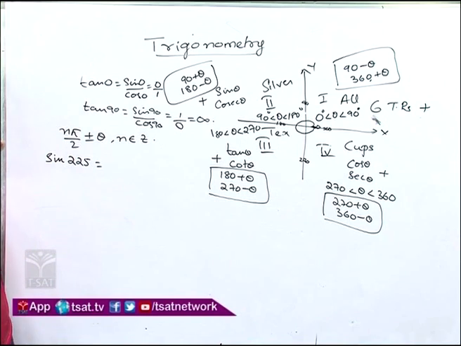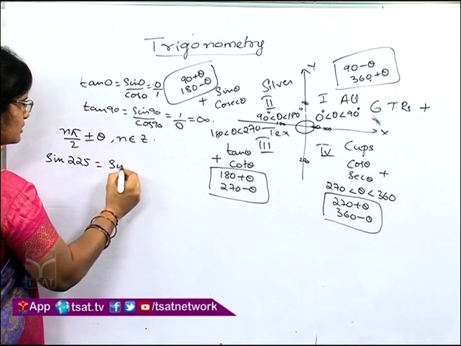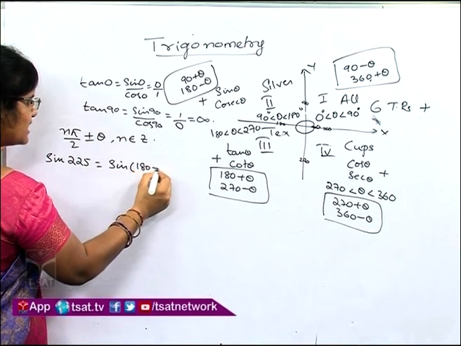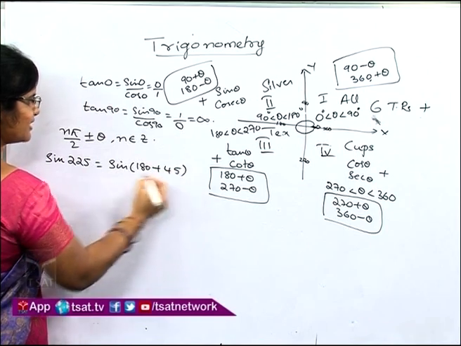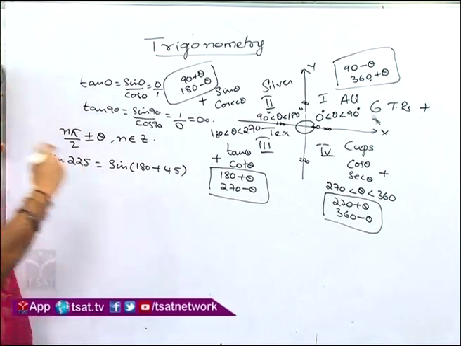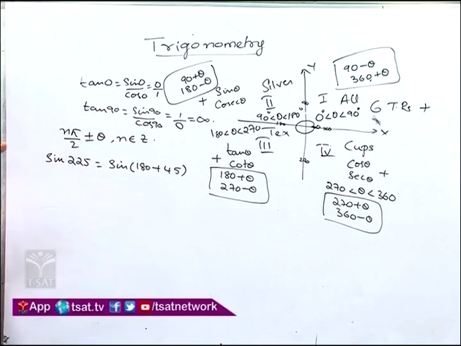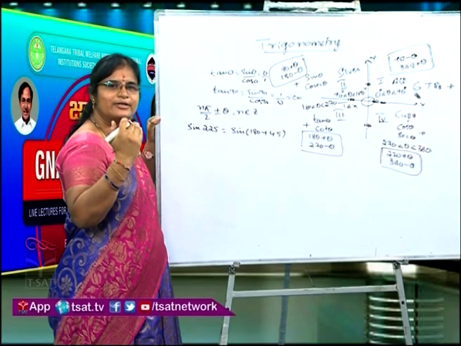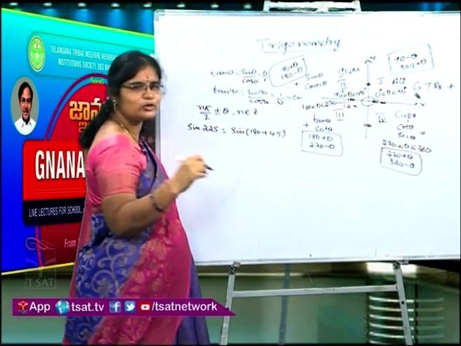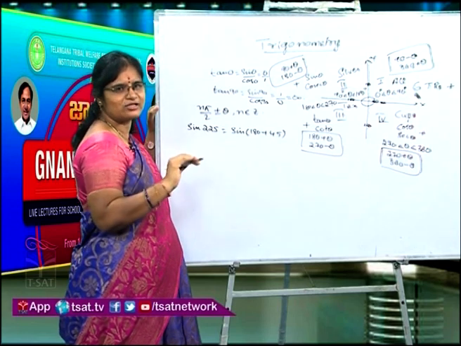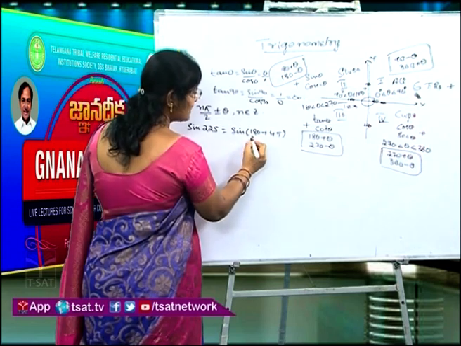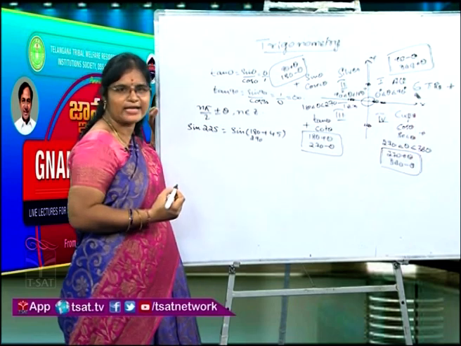Sine 225 can be written as sine 180 plus 45. Here, children, always write the angle in multiples of 90 degrees. Here 180 we can write as 2 into 90.